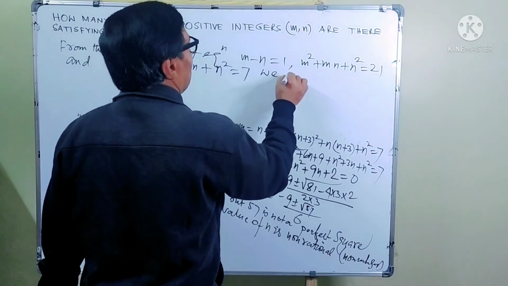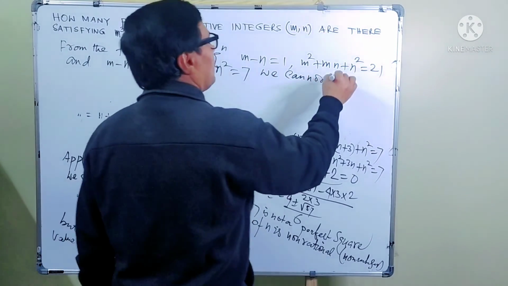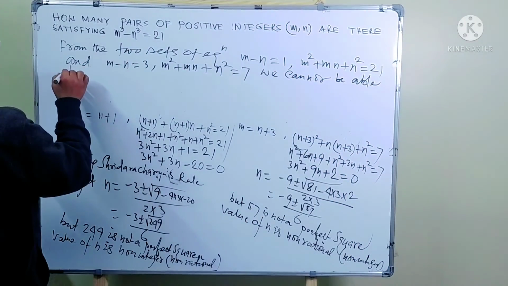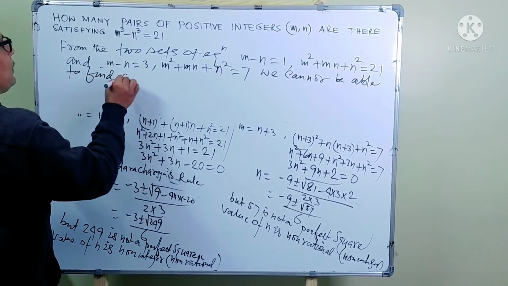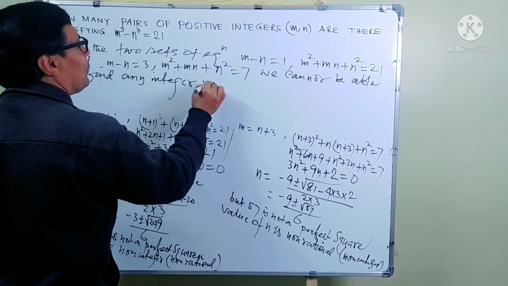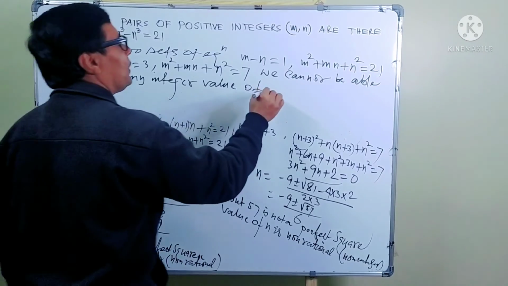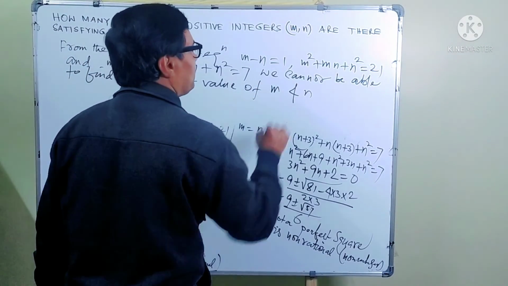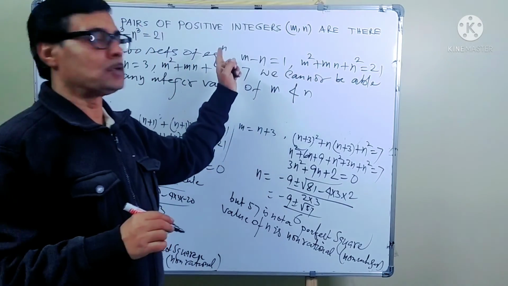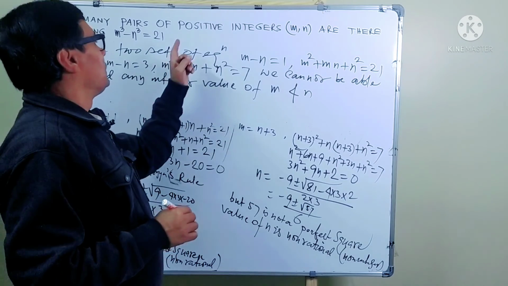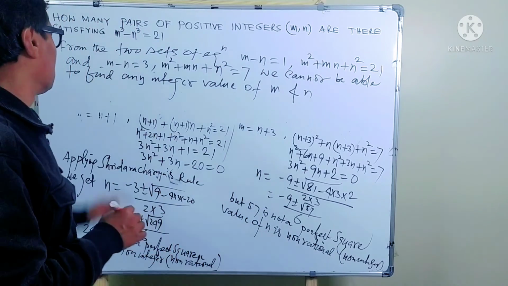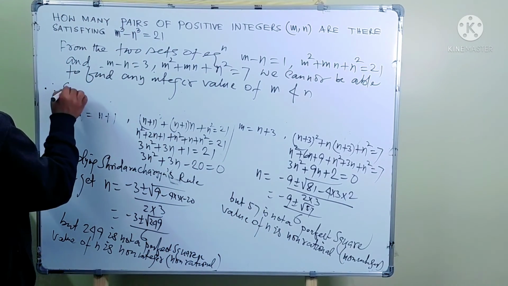We cannot find any integer value of m and n from these two sets of equations.